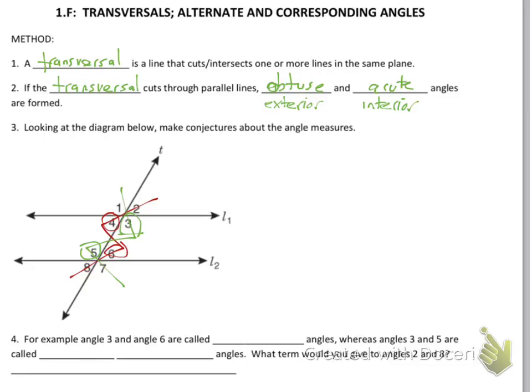So on the bottom it says examples. 3 and 6 are called, those are the names above. Actually not. Those are 3 and 6. This one is consecutive.